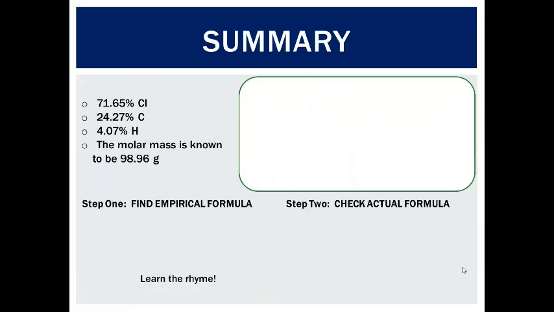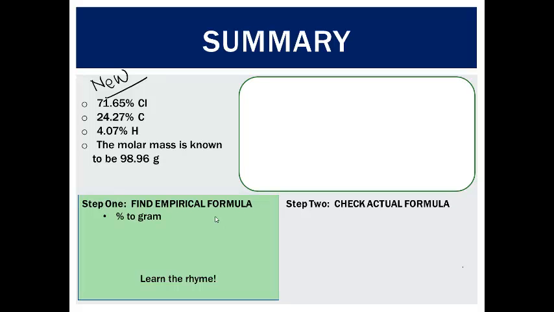All right, one last example. Okay, let's look at this next page. I'm going to do kind of a summary on this page. I've given you new data here. This new data is talking about a compound called nylon. So step 1 was to find the empirical formula. Remember, empirical, percent to gram, gram to mole, divided by the smallest, multiply till whole.